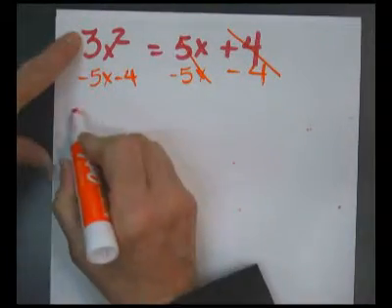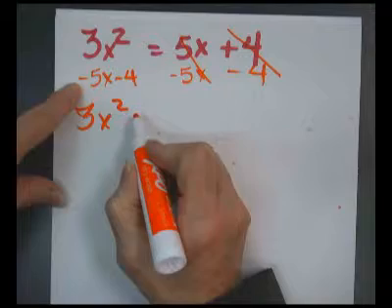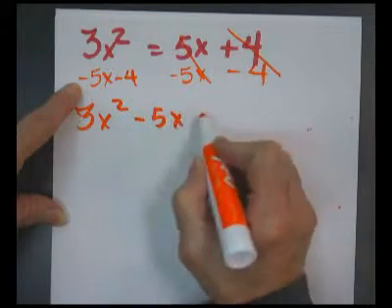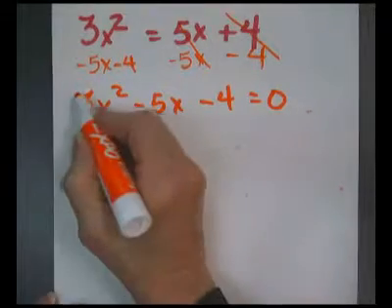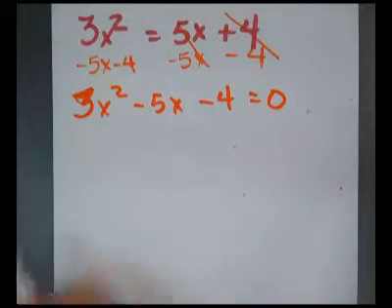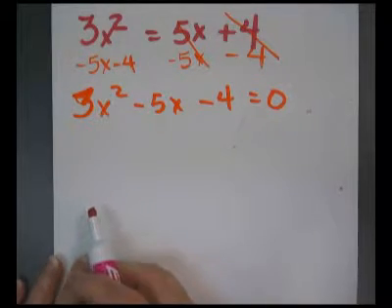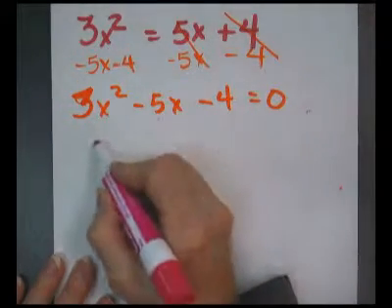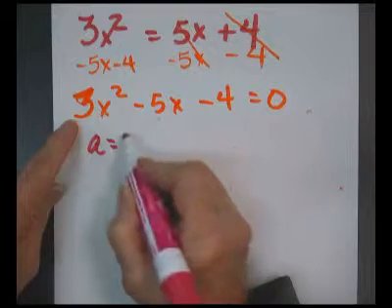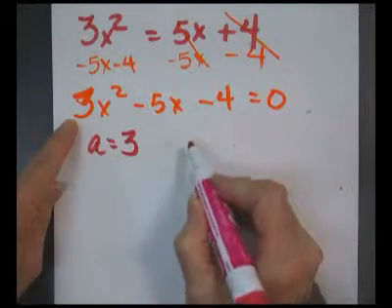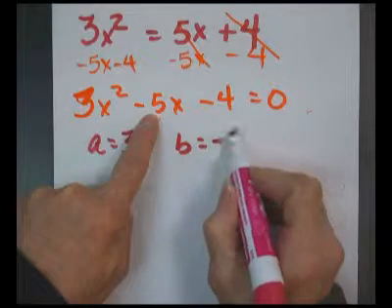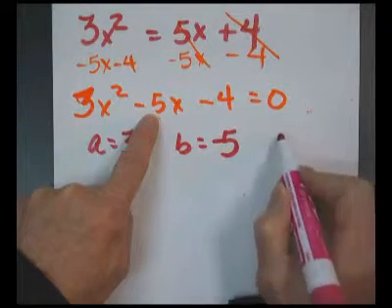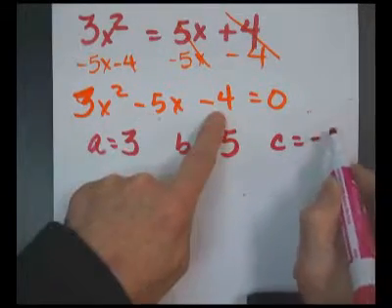So we've got 3x squared minus 5x minus 4 equals 0. And we don't know how to factor that, right? So A equals 3, B equals negative 5, C equals negative 4.